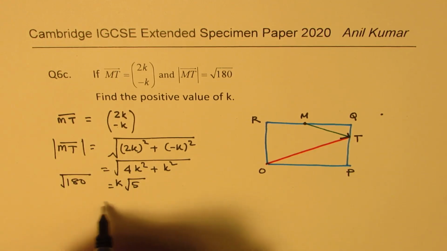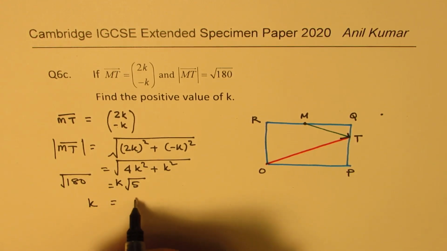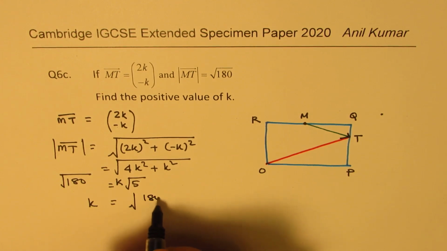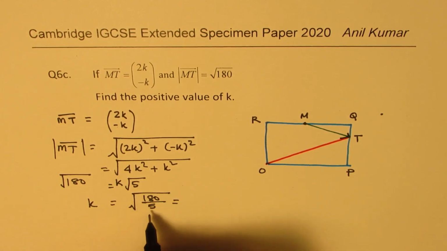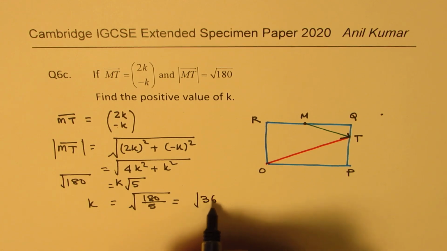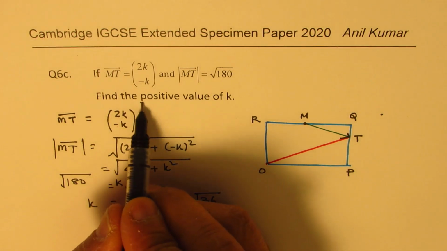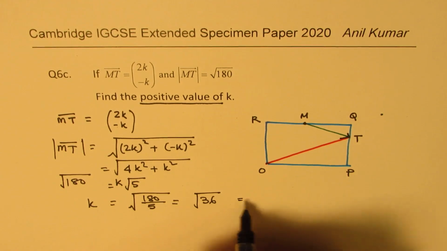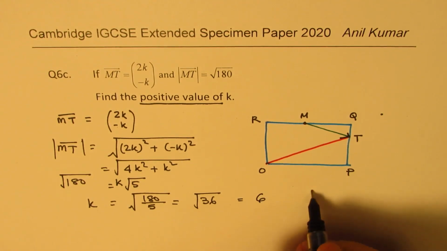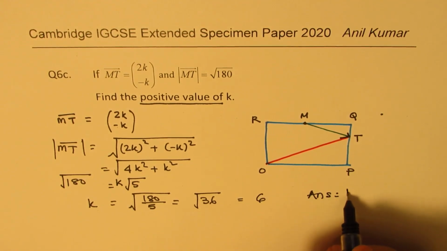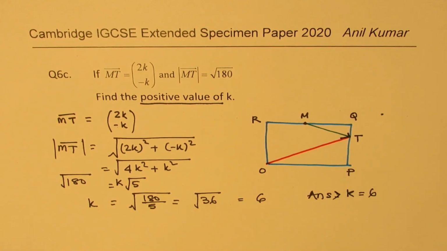So from here, k is equal to square root of 180 divided by 5, correct? When you divide 180 by 5, you get 36, and we are looking for positive value of k, so that gives you 6. So our answer is k equals 6. Perfect. So that is how we are going to answer it. I hope that helps.